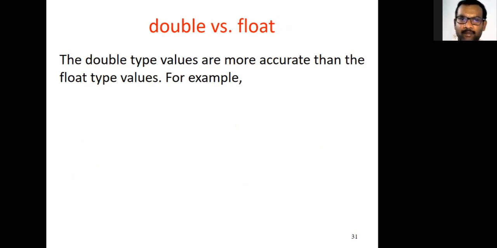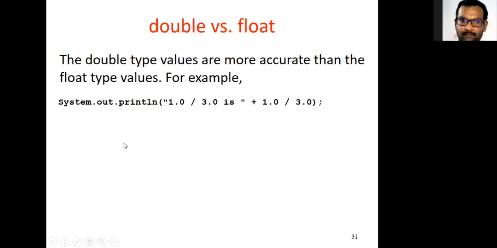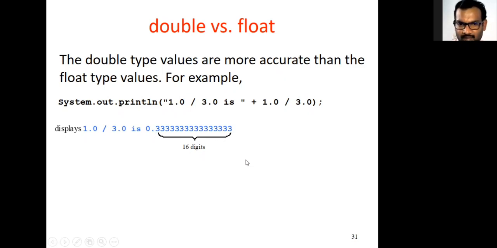In that case, we use the double type when compared with the float type. For example, see this one, 1 by 3. Here by default 1 is a double value and 3 is also a double value. The result will also be a double value. See the result: after the decimal point there are 16 digits. This is called double precision.